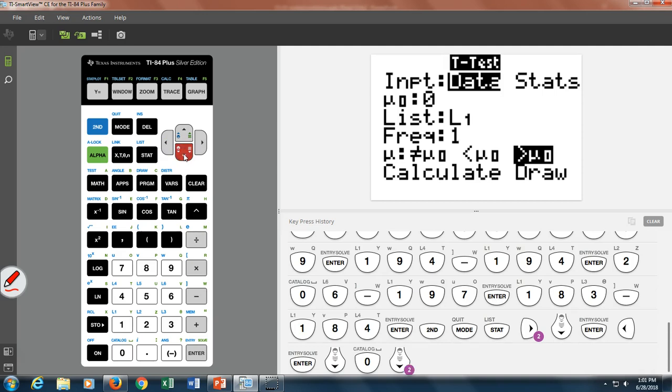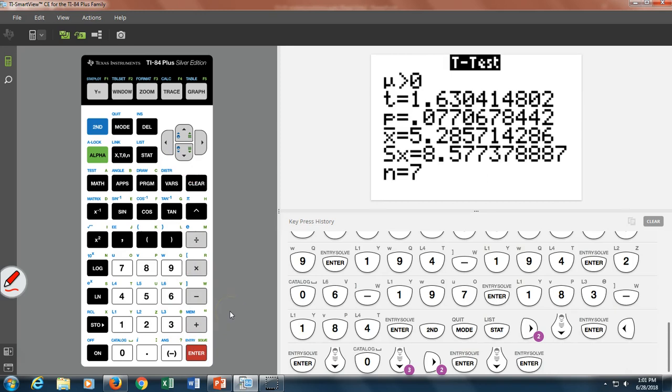That just meant that each of those data points represented one person. And now what are we trying to show? Well, I wanted to show that the average was greater than 0. The correct one is already highlighted. And I'll go down to calculate and let's see what interesting things we find out.